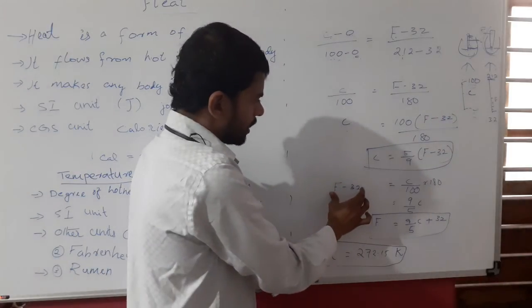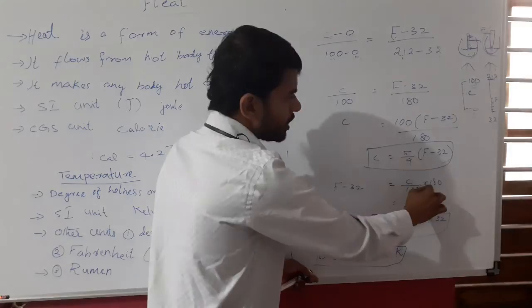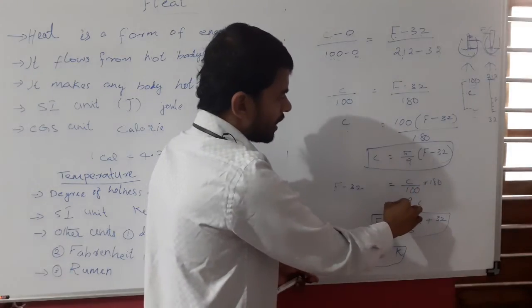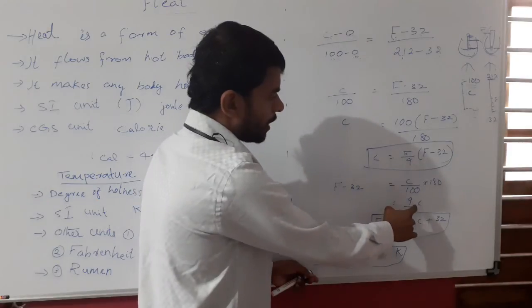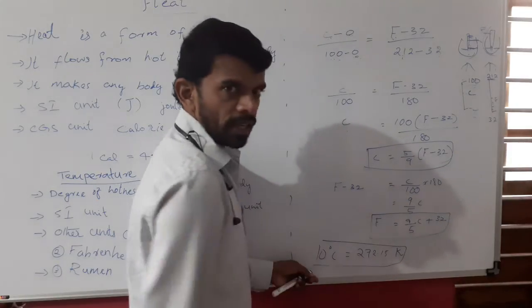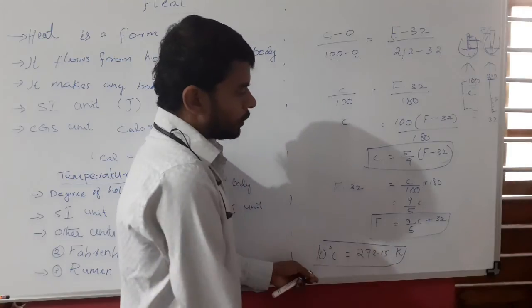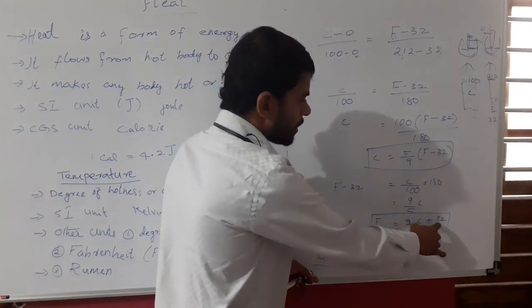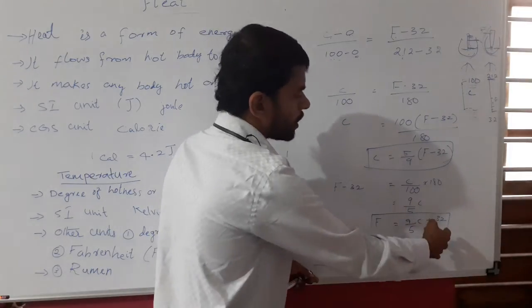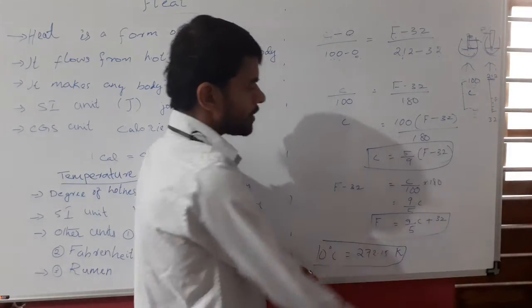So F minus 32 equals C by 100 into 180, that is 9 by 5 into C. So F minus 32 is equal to 9 by 5 into C. So F is equal to 9 by 5 into C plus 32. The minus 32 on transposing becomes plus 32.